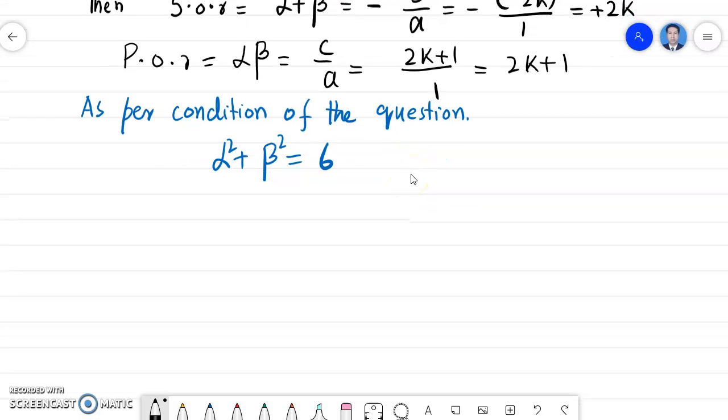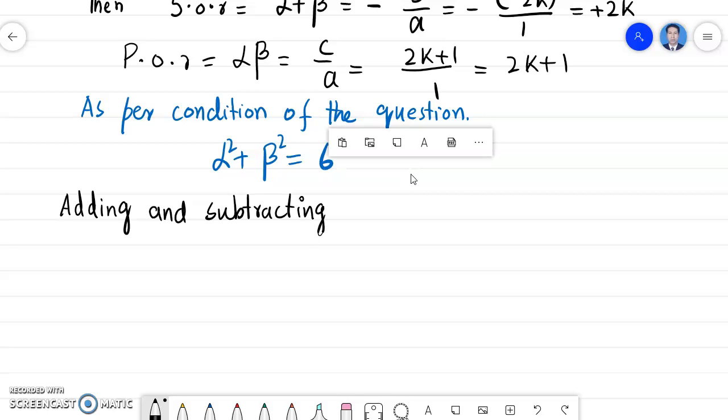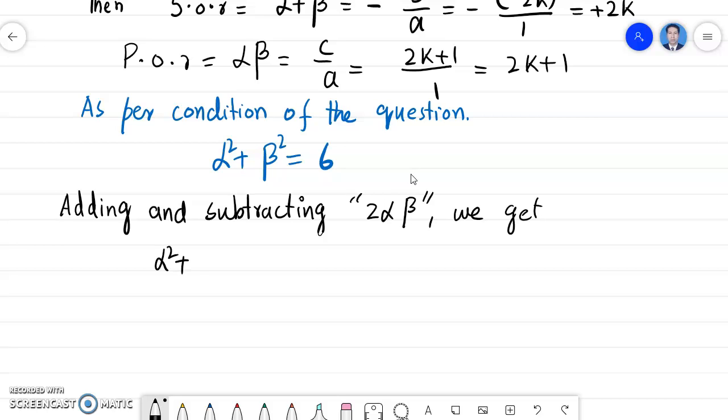Adding and subtracting 2 alpha beta to make it a perfect square, we get alpha square plus beta square plus 2 alpha beta minus 2 alpha beta equal to 6.